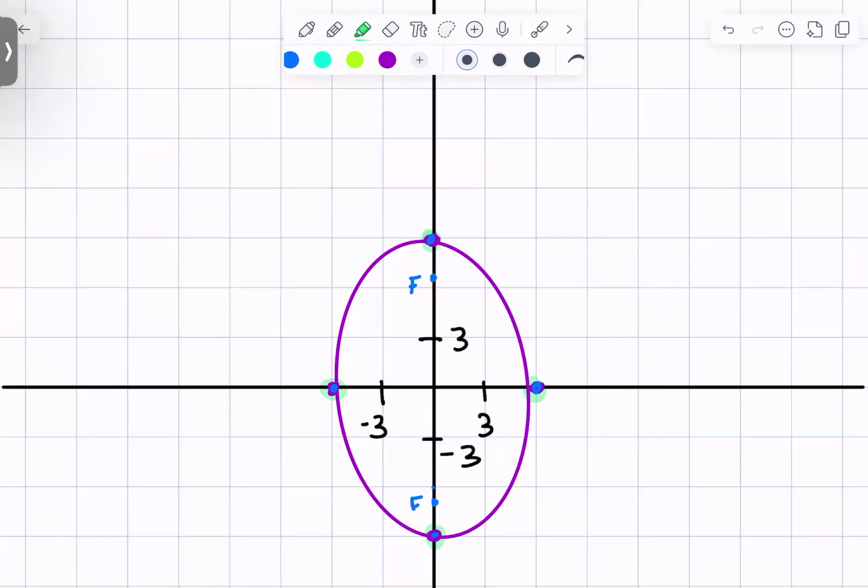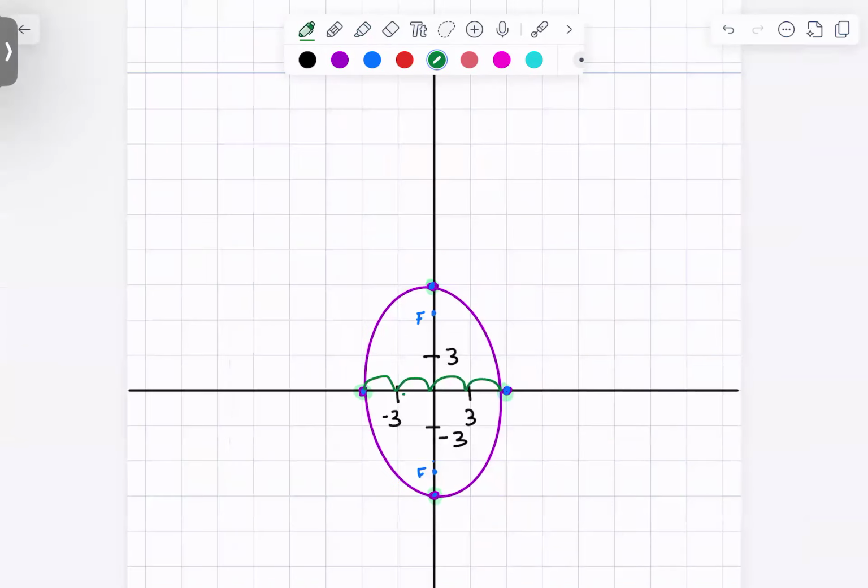And your major axis will always be longer than your minor axis. So then you can literally count: 3, 6, 9, 12, 15, 18, and then 3, 6, 9, 12. We can do that as well. Cool.